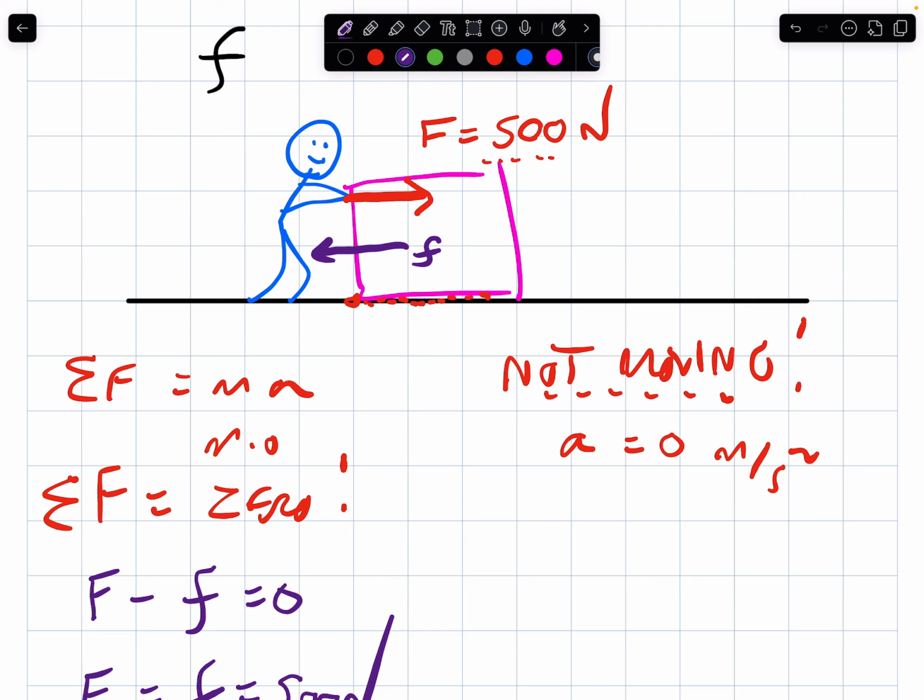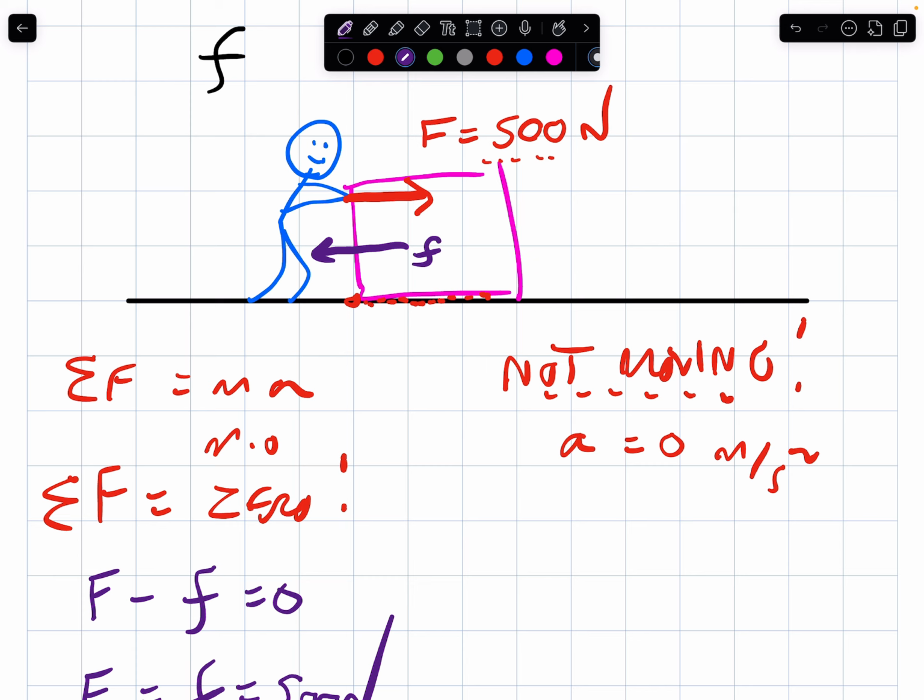If he pushes it harder, that frictional force becomes larger, up to a point, depending on what the surfaces are made of. At some point, it is going to start to accelerate, where the force that's applied is greater than the maximum frictional force.